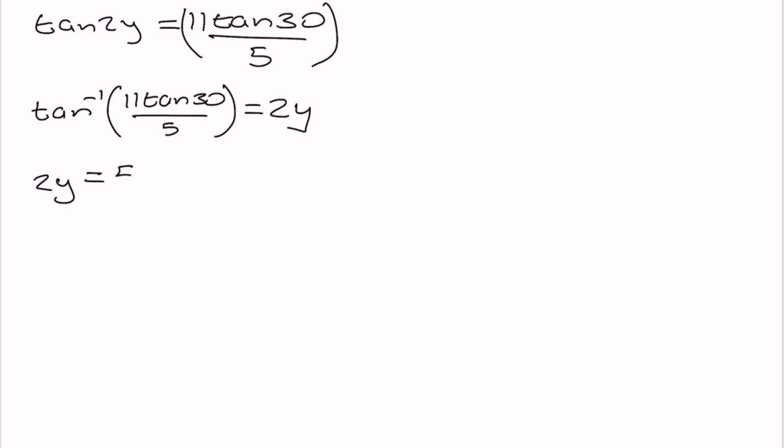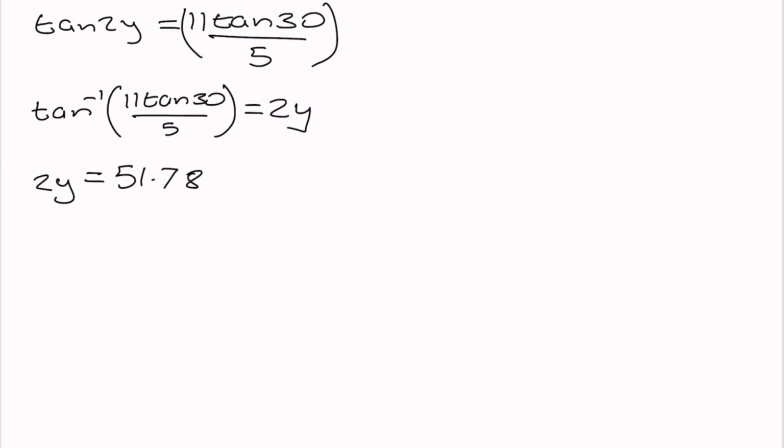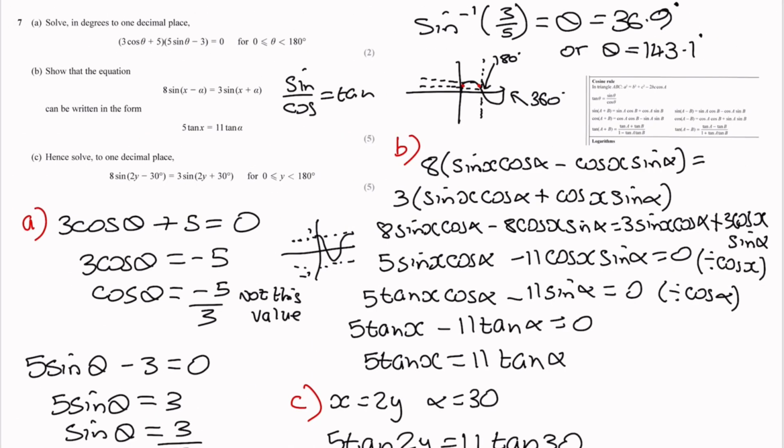51.78 degrees. And also, remember there could be more than one value, so let's have a look. The question says between 0 and 180. Now the tan graph repeats itself every 180 degrees. So if we add on 180 degrees to this, we end up getting 231.78. Now I know that's outside of the 0 to 180, but that's what 2y is equal to.